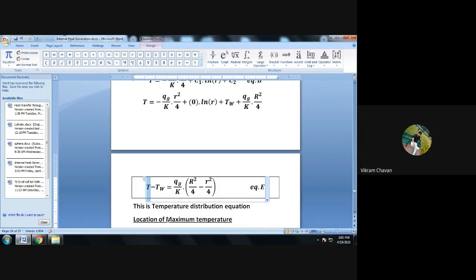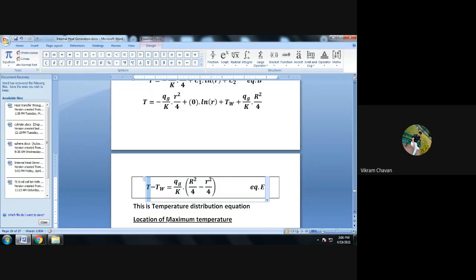Is there any question, any doubt up till now? So there is no need to explain further things, how to determine the location of maximum temperature and how to consider the dissipation of heat from the surface to the surrounding.